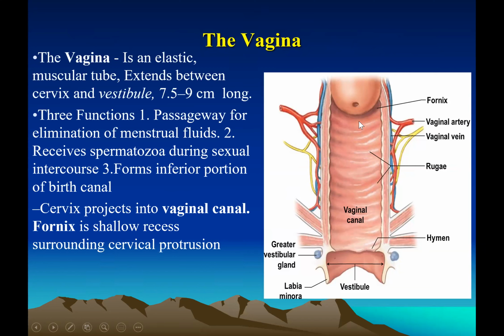It is a passageway for menstruation, to get rid of the endometrium. It is also the receiving place for the penis during sexual intercourse. And it is the inferior part of the birthing canal. The cervix has to open, and the baby has to pass through the vaginal canal for delivery.